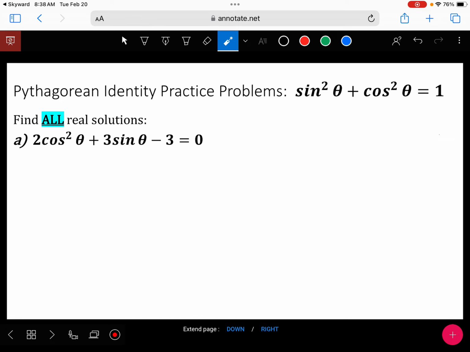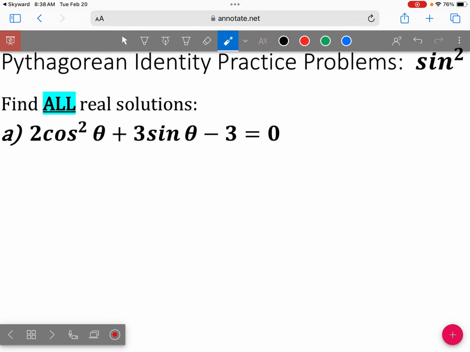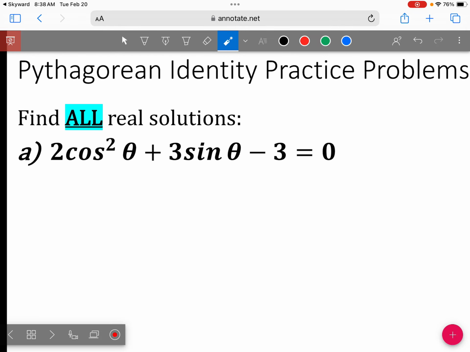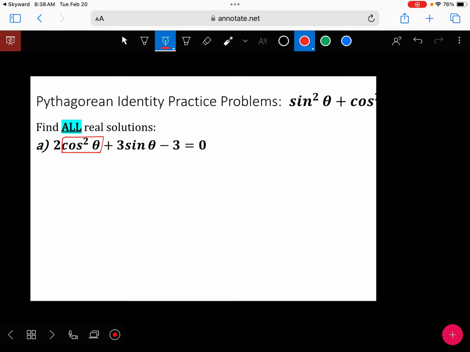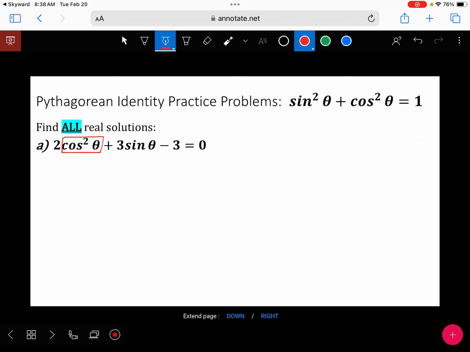When you see a question like this on Friday, the only way to do this is to do a substitution. I need to substitute this. This needs to come out. And I need to figure out another way to write cosine squared. And I'm going to do that using this Pythagorean identity.